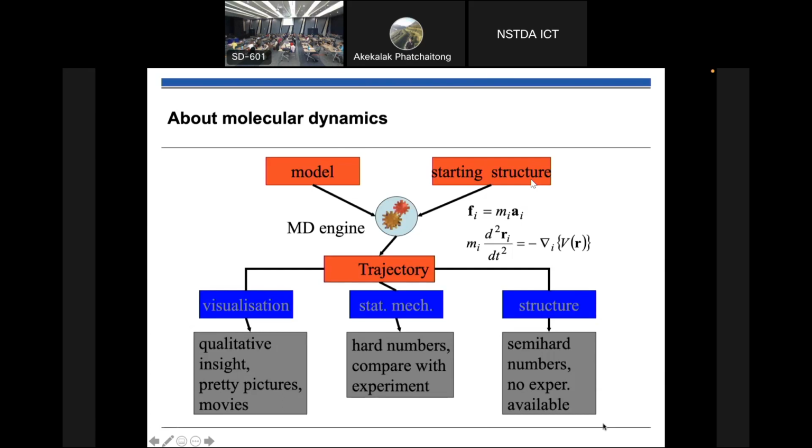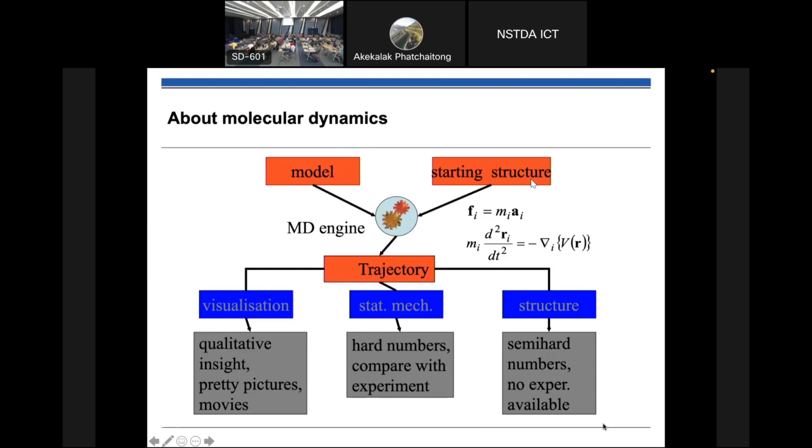That is your snapshots, or your movie, right? As a function of time, all the positions of all the atoms in the X, Y, Z Cartesian coordinate system, that is what we record. Once you record that, you can do three things. You can visualize, meaning you can load your trajectory into VMD or PyMOL, something like that.